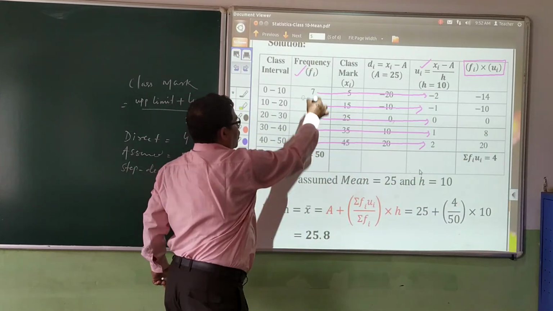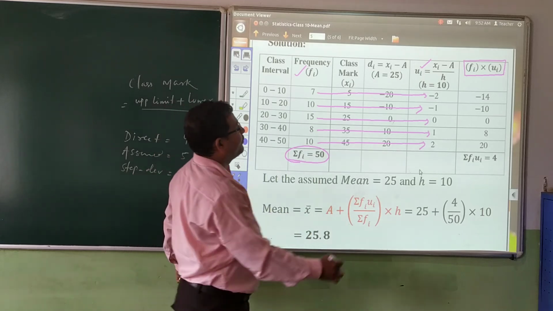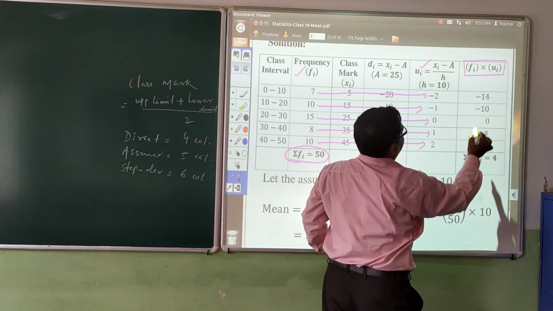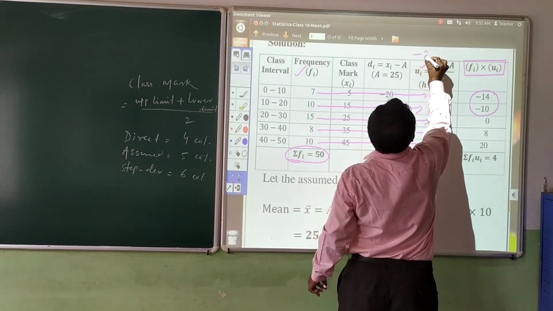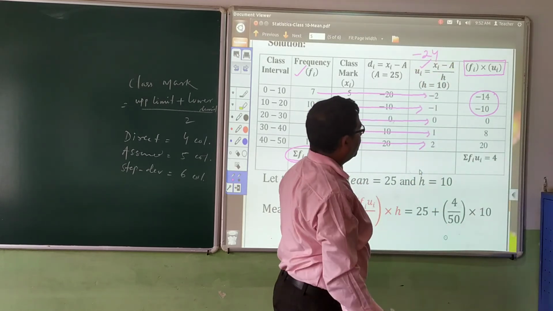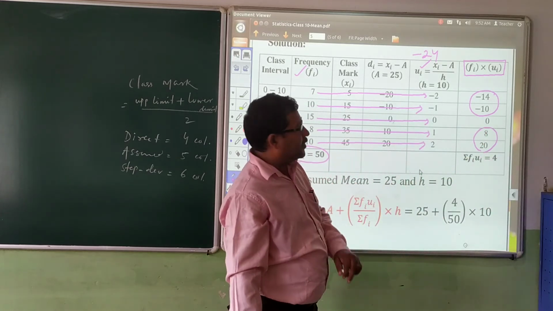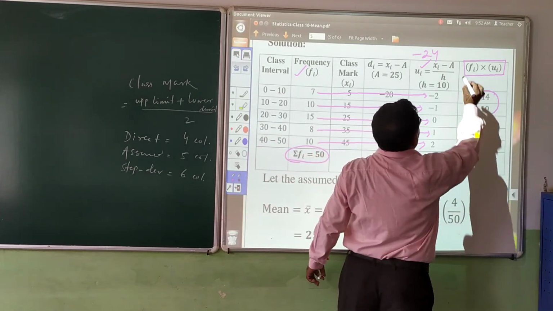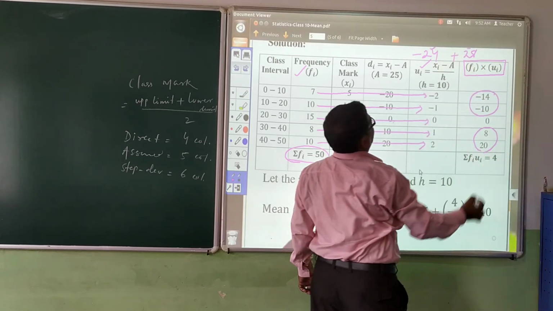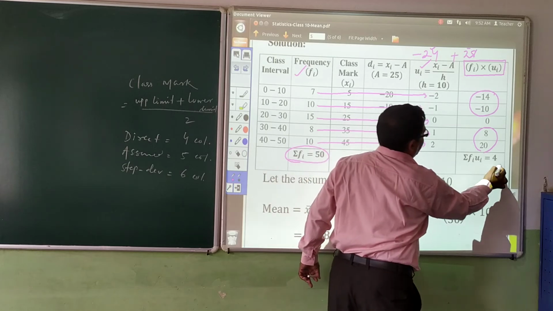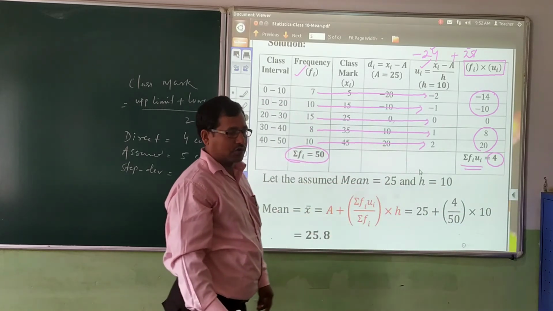Now sum of all frequencies, sigma fi, equal to 50. Minus 14 and minus 10 are negative, so their sum will be minus 24. 8 and 20 are positive, so 20 plus 8 equal to plus 28. So minus 24 plus 28 equal to plus 4. So sigma fi ui equal to plus 4.